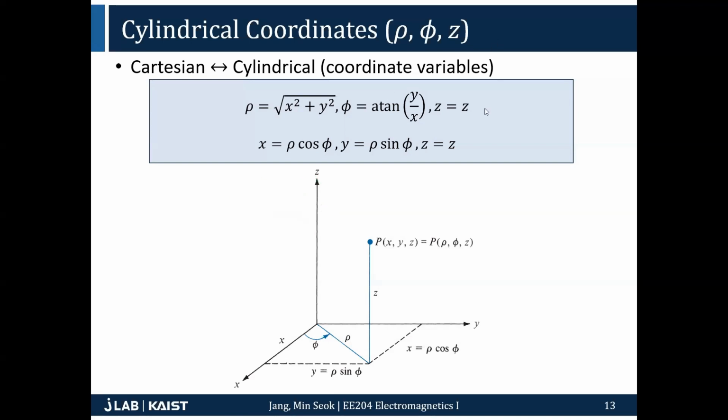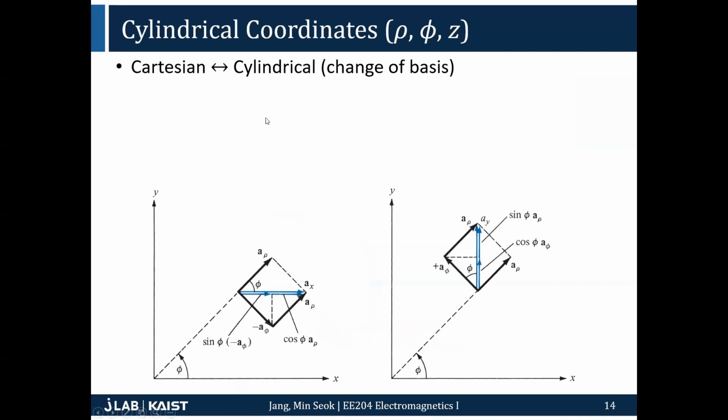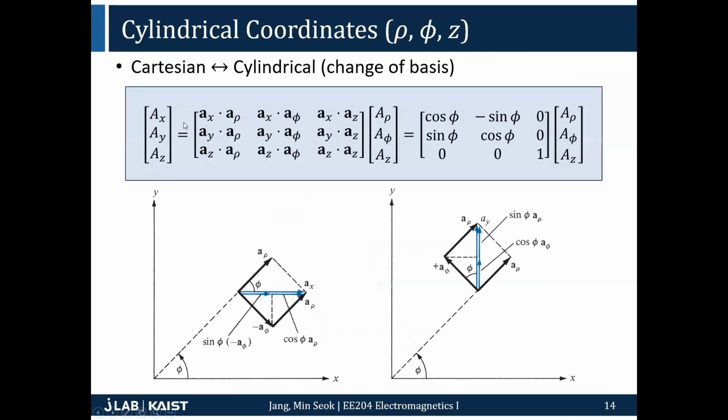So here's the transformation. And as I said earlier, the basis transformations can be written as a matrix. And the matrix components are the inner products of basis vectors, right?